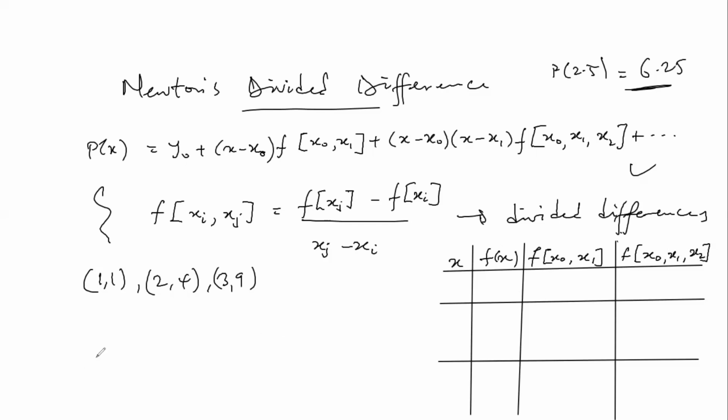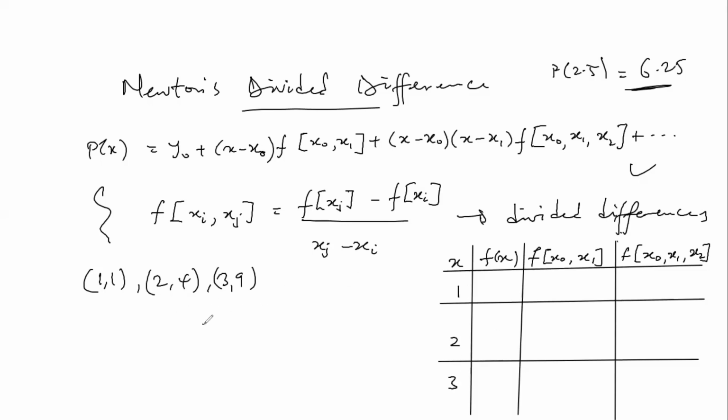So how do we apply this formula? We already know that the first column, in this case, is the function based on the input values. So we have 1, 2, 3.